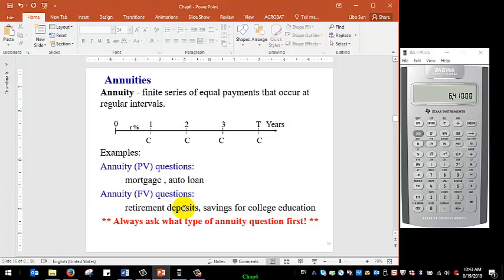We see the deposit for retirement, saving for college education. So there are two types. For the loan question, you borrow first, then pay back later. For the retirement question, you save first, you want to reach a goal in the end. So we call this the annuity PV question and the annuity future value question.